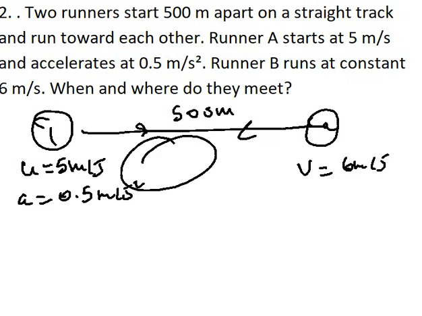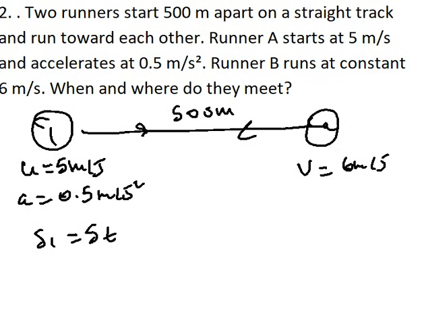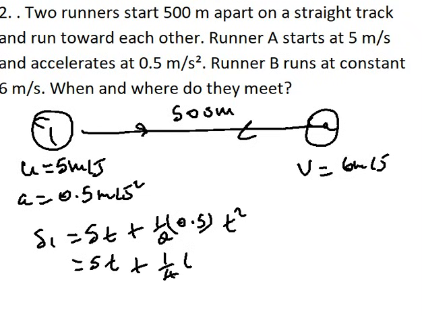So S1 corresponds to 5t plus, with acceleration 0.5, half times 0.5 t squared. 0.5 corresponds to half as well. That gives 5t plus 1 over 4 t squared.